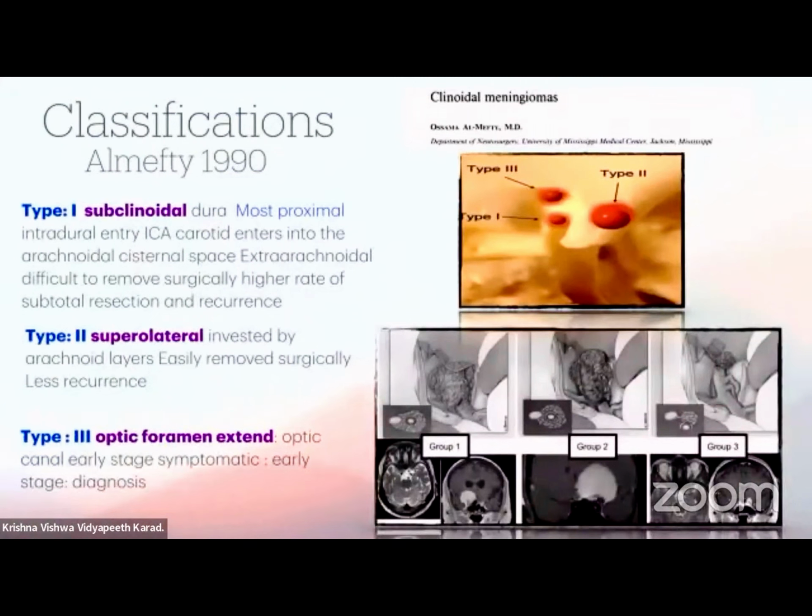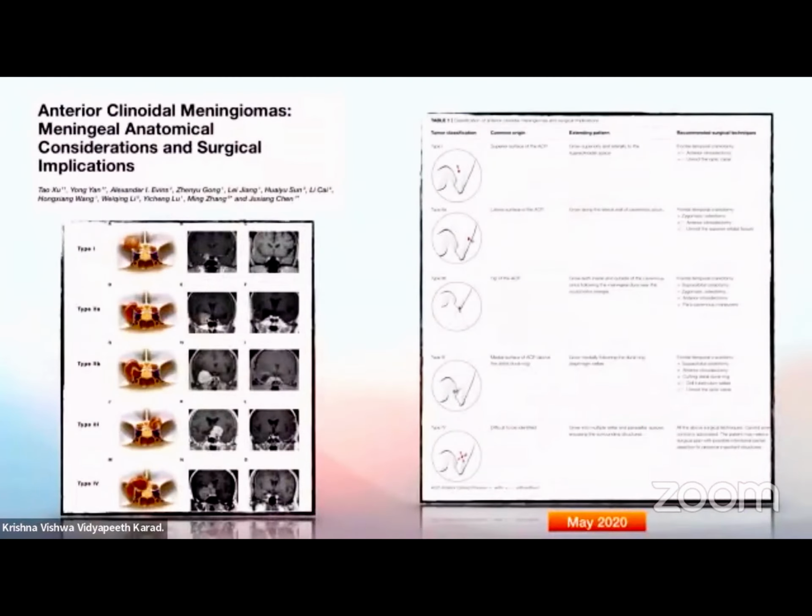The most accepted and popular classification is the one by Al-Mefty, 1990, which is concerned more about the location and the arachnoid relationship to neurovascular structures. The most recent one, done in 2020 by Tao, is concerned more about direction of growth and expansion.